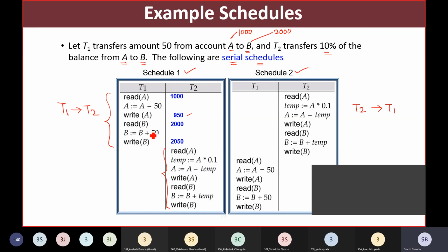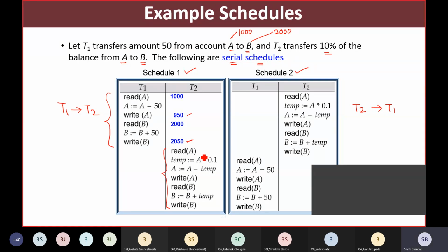So at the end, after executing transaction T1, A's balance would be 950 and B's balance would be 2050. Now, transaction T2 starts after T1 completes because this is serial execution.